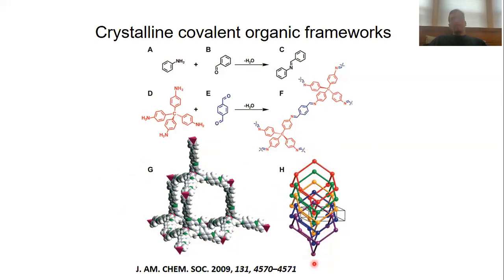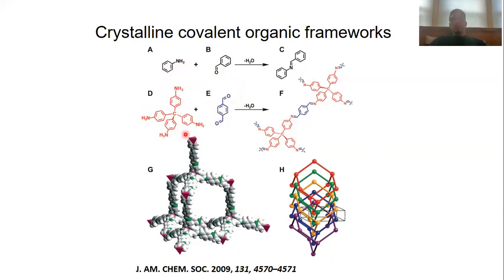Okay, so this kind of chemistry is fairly versatile. It not only works for that particular reaction of this tetratopic amine and this ditopic aldehyde, it extends also to many other building units. For example, one can also make two-dimensional imine-linked covalent organic frameworks.